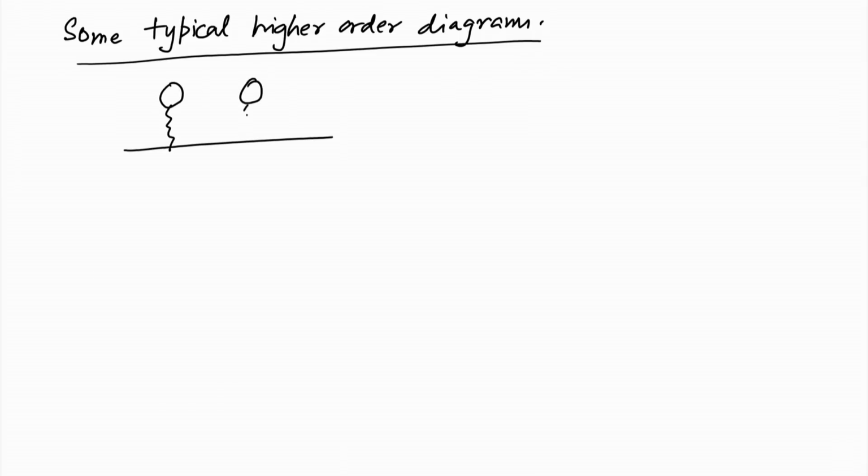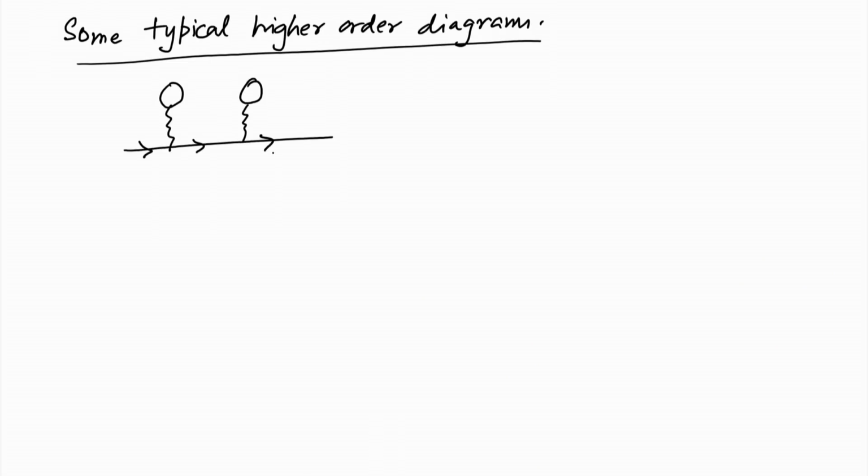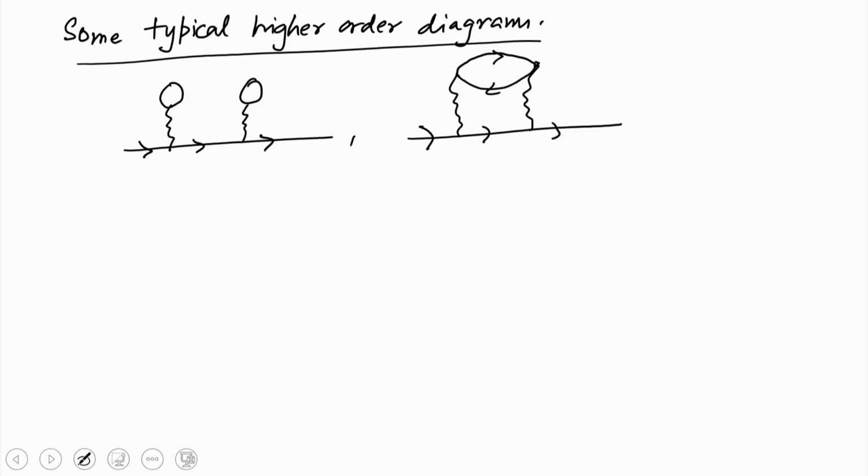A higher order diagram, as you understand, will have two vertices, so two wiggly lines at least, that is the second order diagram. A third order diagram will have three wiggly lines. So, it is one of them, then there is one like this. Then there is one like this.